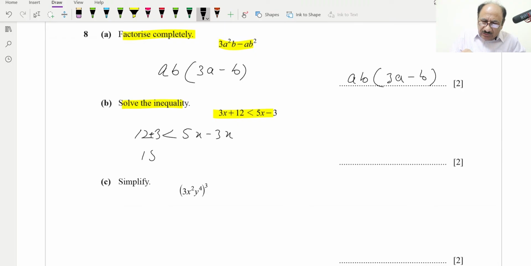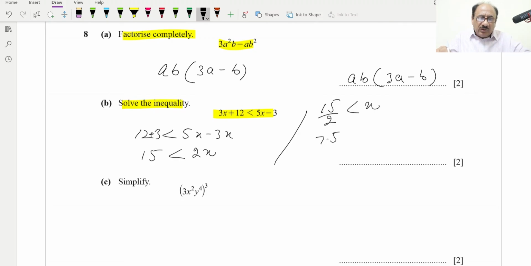So 15 is less than 2x, so 15 by 2 is less than x, so this will be 7.5. So we can write x is greater than 7.5. Now this is done.